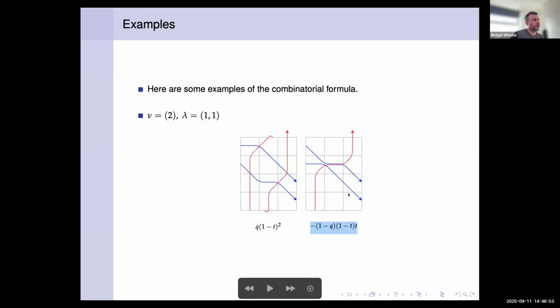Let me say a few words about how you actually read off the partitions from the pictures here. So this is probably not clear. The first thing is that the partition nu is obtained by looking at, in this case, the red particle.